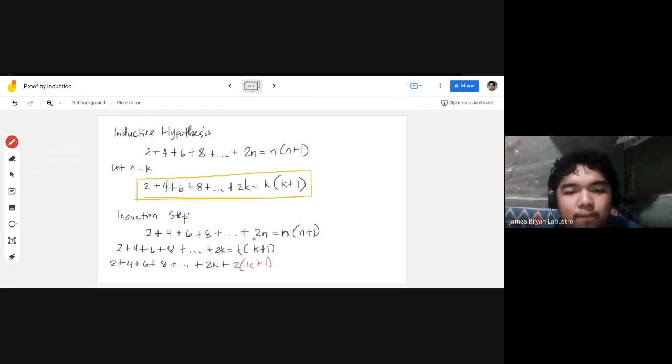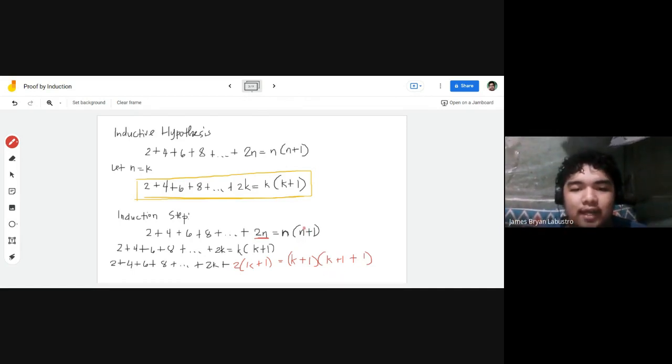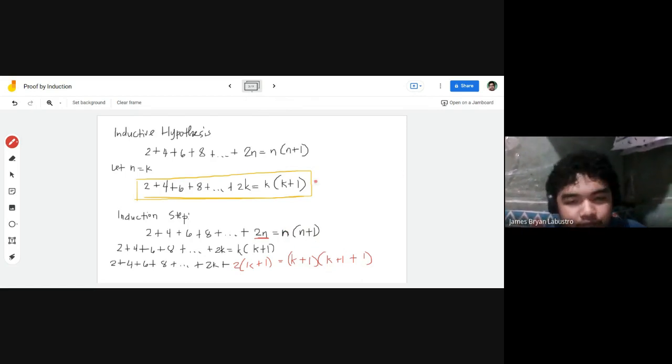It's because from the 2n, n equals k plus 1, times k plus 1 plus 1. Our n is k plus 1, so we add 1 to it.